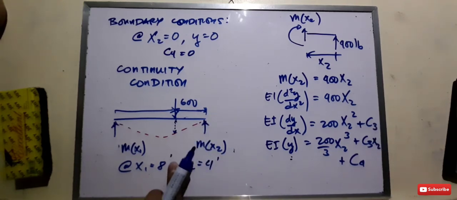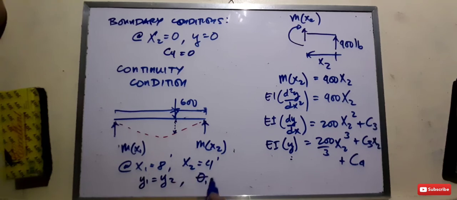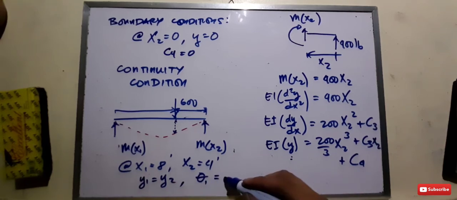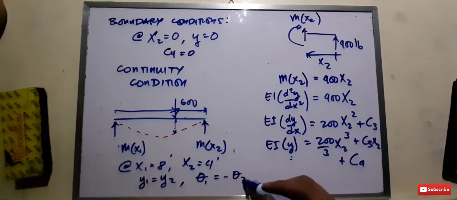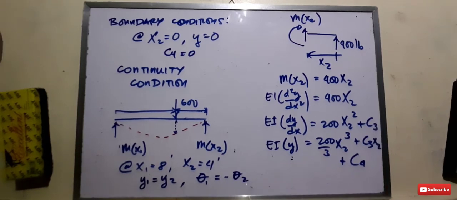Ngayon sa slope, medyo tricky itong part na ito, no? So, ibig sabihin, meron silang y1 equals y2. Sa slope naman, slope 1 equals negative of slope 2. Alam niyo kung bakit?